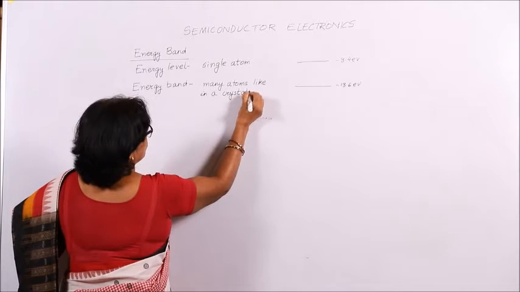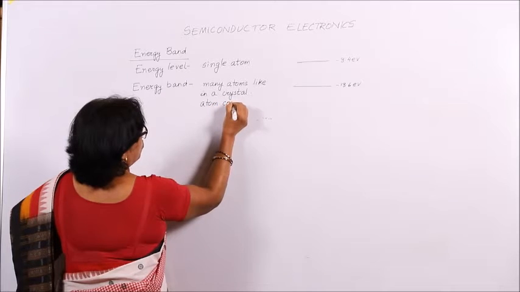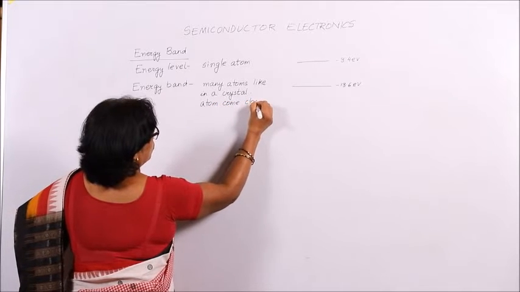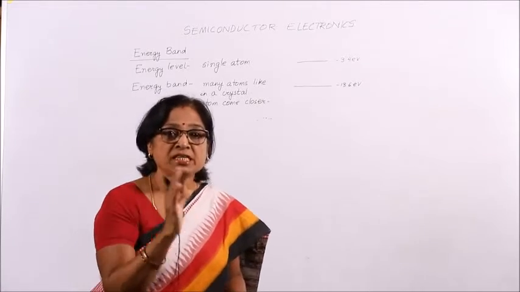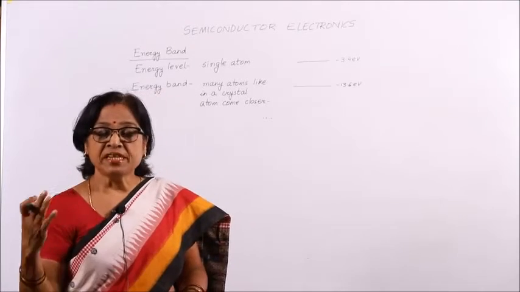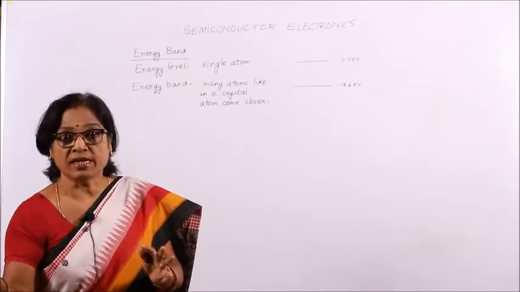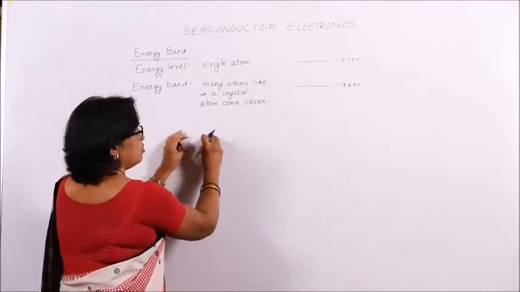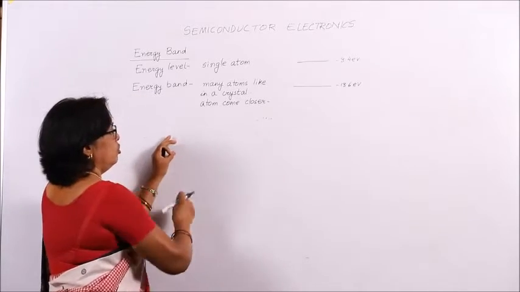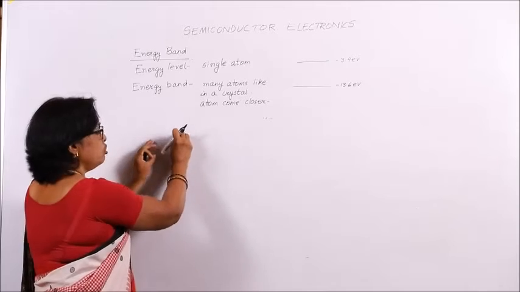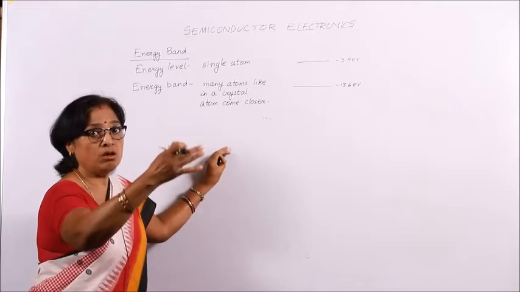When these atoms come closer, the electron of each atom is affected by the nuclei as well as the electrons of the other atoms. There are numerous atoms together in a crystal, not a single atom. So the electron of the first atom is influenced by the second, third, fourth one, and all.